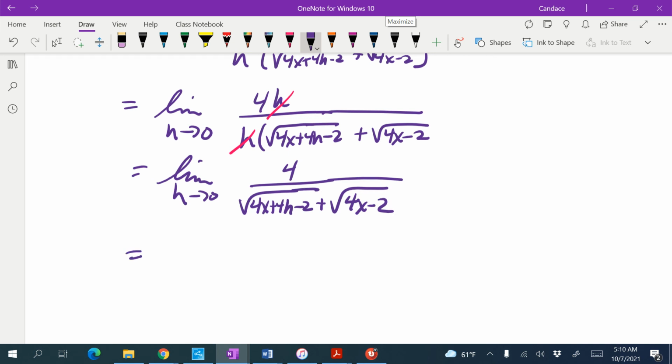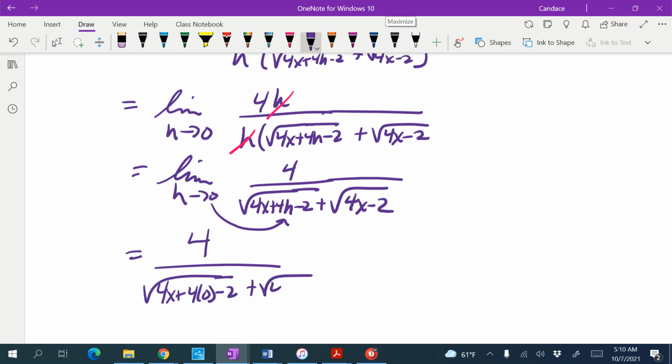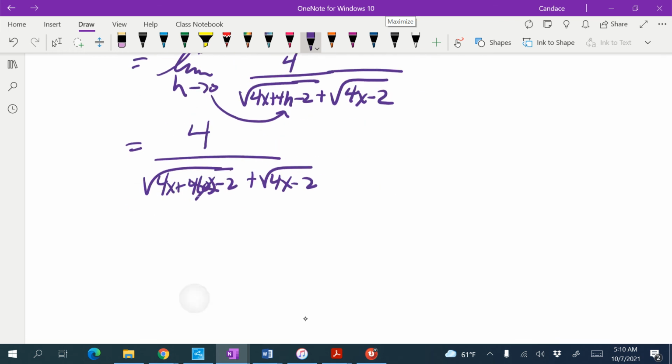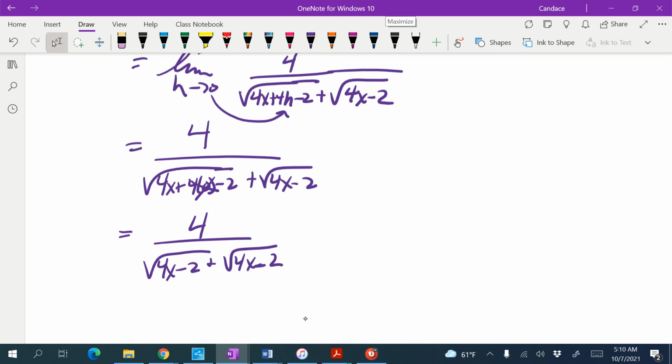And then we are going to substitute the 0 in just for the h part. So we get 4 over the square root of 4x plus 4 times 0 minus 2 plus the square root of 4x minus 2. Well, we know this part's going to cancel out. So I get 4 over the square root of 4x minus 2 plus the square root of 4x minus 2.